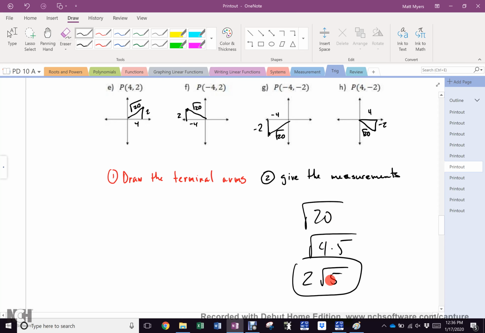You know that it is not 4 point blah, blah, blah, which is what you all want to do when you see root 20. But it's not that, because it's 2 root 5.